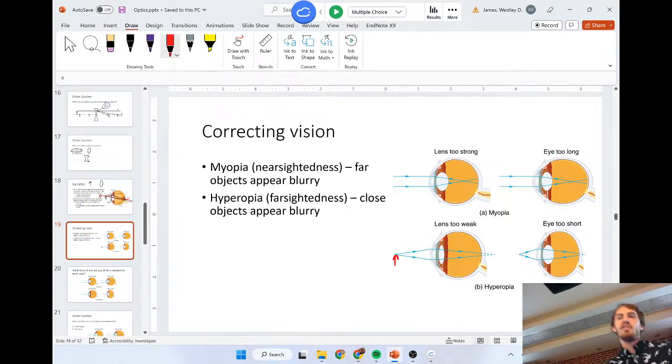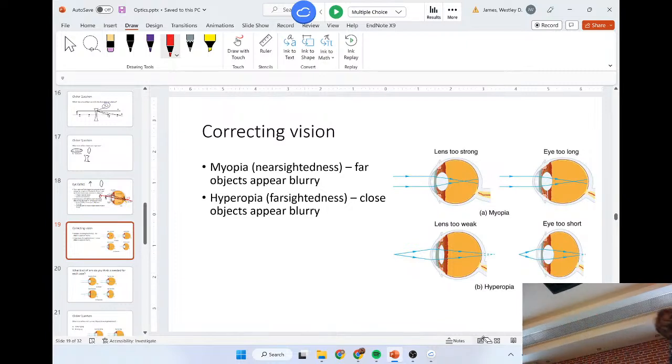And so if we look at the far one, light rays are parallel. We want the focus to be back here, but it's not. You can see here it's focusing that light too closely. We need that focus to be back here, where the actual sensors are. And there are two reasons this can happen.